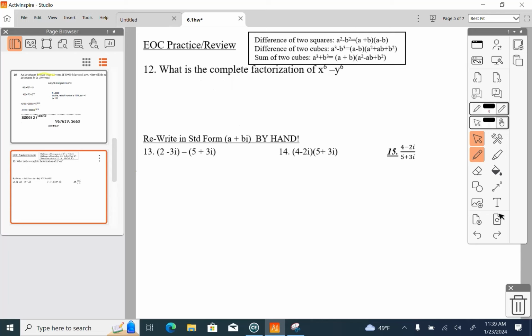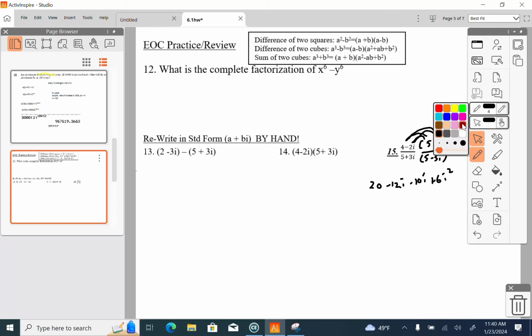So the conjugate of 5 plus 3i is going to be, wait for it, 5 minus 3i. So I'm going to do a little work here. 4 times 5 is 20. 4 times negative 3i is minus 12i. Negative 2i times 5 is minus 10i. Negative 2i times negative 3 is plus 6i squared.